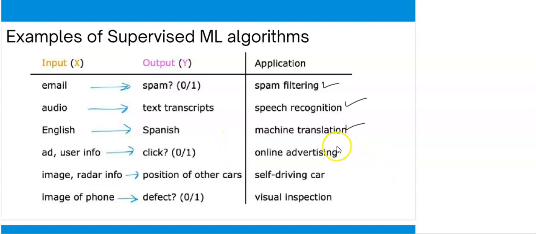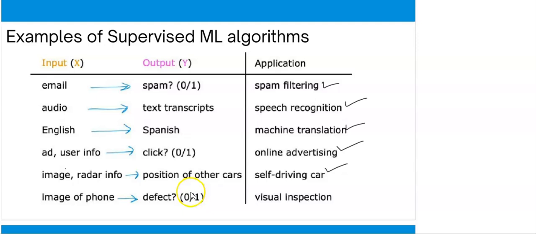Okay, and you have the image and radar information as input, and the output is the position of the other cars. Okay, this application is called self-driving car applications. And let's say we have an image of a phone and you have to find whether the phone is defective or not.